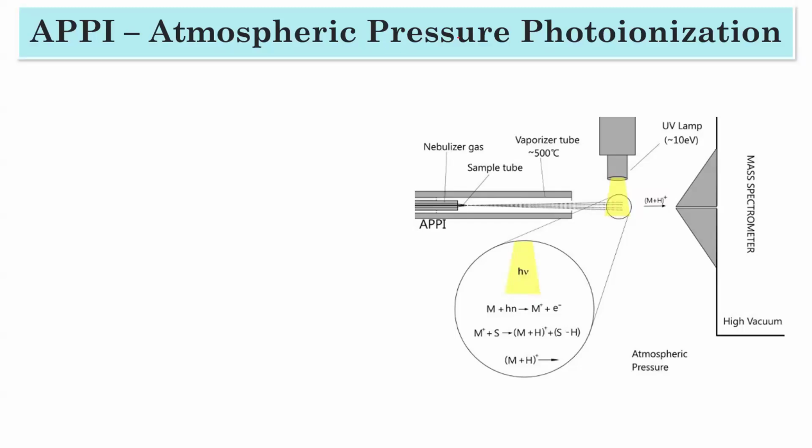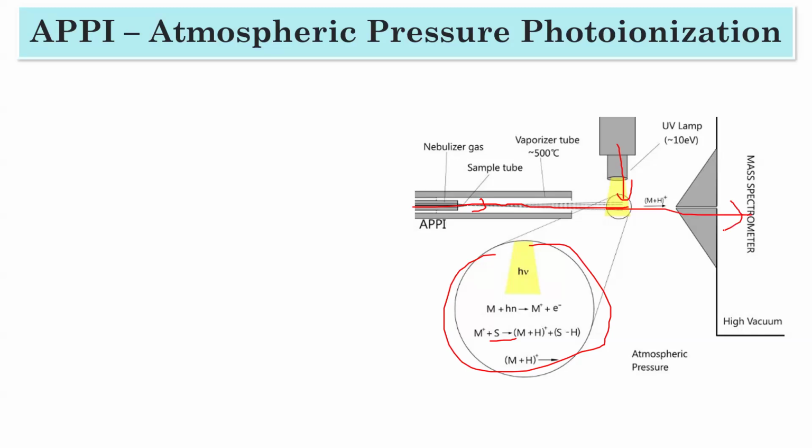So we have APPI, which is similar to APCI. In this case, what's happening? We are using some sample, and we are using some liquid which is light sensitive. Because of this light, your sample and also your solvent, whatever it is, will get ionized, and then they will go to mass spectrometry.